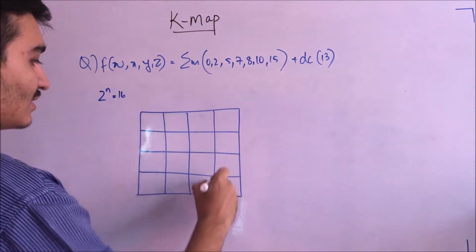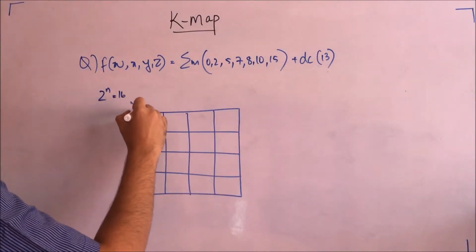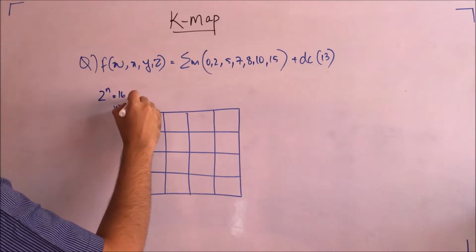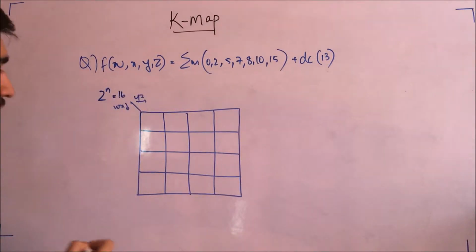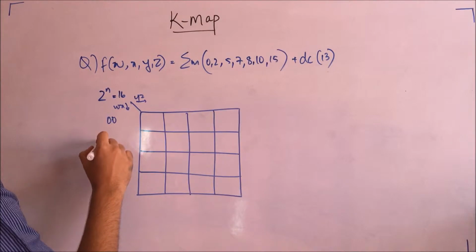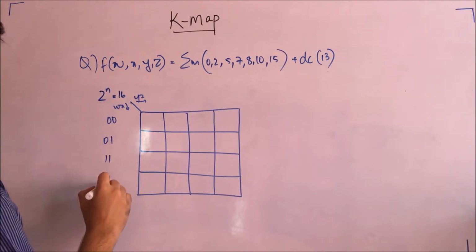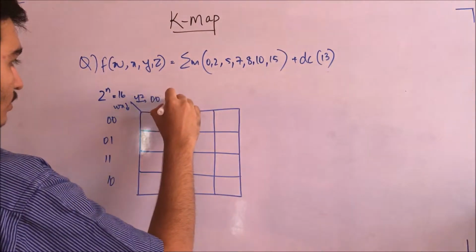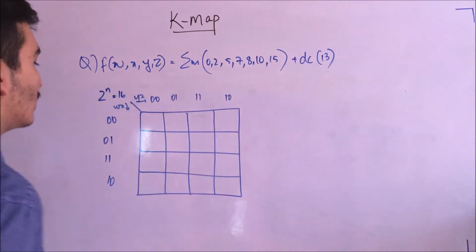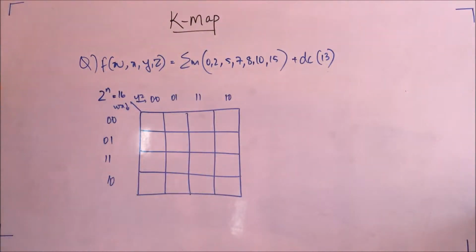So once I've done this, let me split the variables as wx along the vertical, yz along the horizontal. Let me number this as 00, 01, 11, 10, similarly 00, 01, 11, 10. Now I've said this before, 0 indicates the complement of the particular variable, whereas 1 indicates the variable itself.